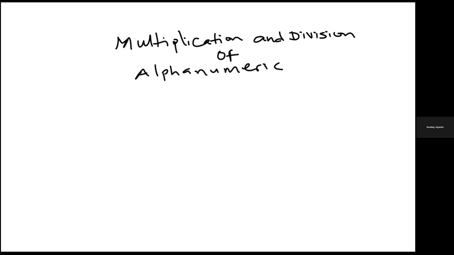We're going to have about three things now to deal with: the sign, the number, and the letter, which we call variable in algebra. So, when you want to multiply and divide alphanumeric, three things will be involved.